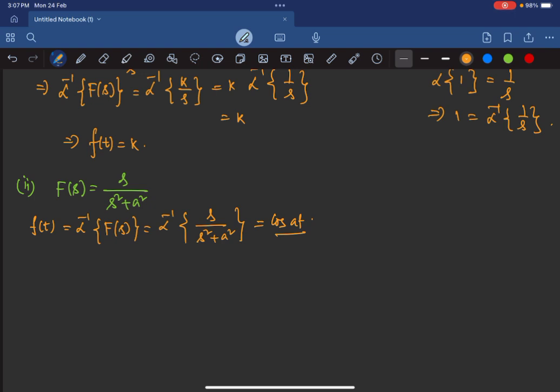So this is the main function. In our usual practice, we have the standard formula, we take the inverse Laplace and immediately we get back the function.